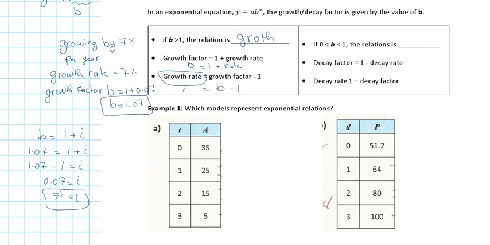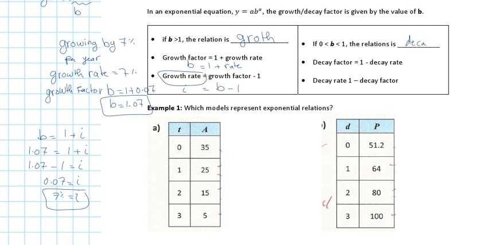Now, if your base, which is your growth factor or decay factor, is between 0 and 1, is this a growth or decay? It's a decay. So the relation is decay or decreasing. I have a spelling mistake here.